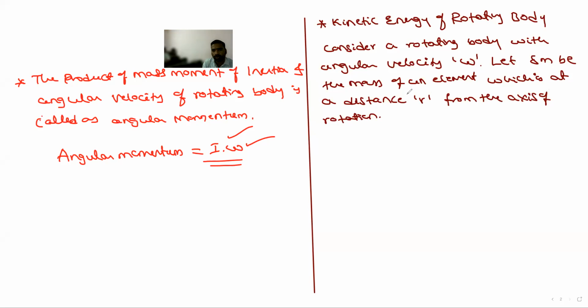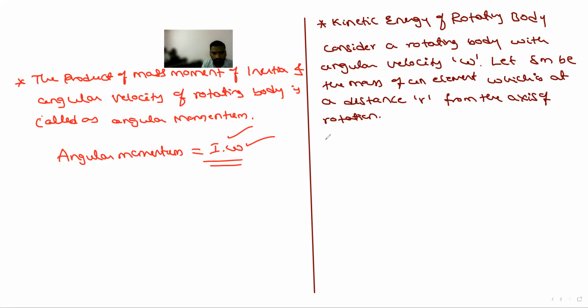Consider a rotating body with angular velocity; angular acceleration was there. Now the body is rotating with angular velocity omega. Let delta m be the mass of an element which is at a distance r from the axis of rotation.